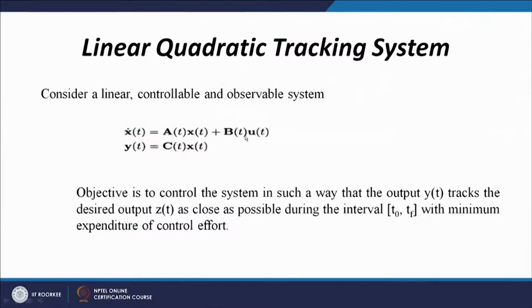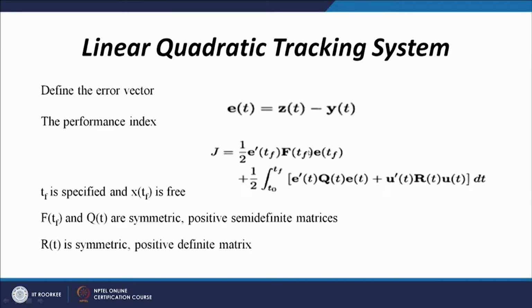So the objective of the problem is, for a given plant, to find the optimal control law which will minimize the performance index J. Ultimately we are trying to minimize the error E and the control effort U, with the terminal error as E prime T f.